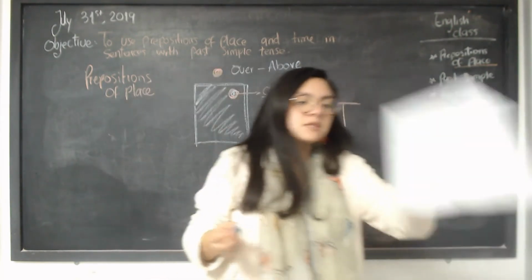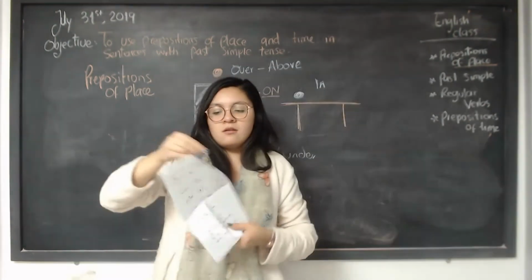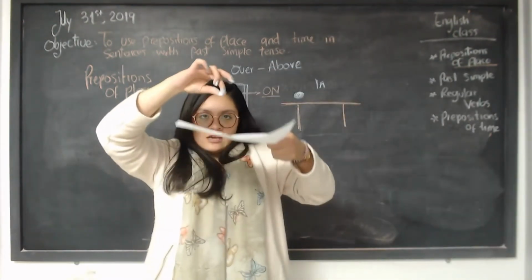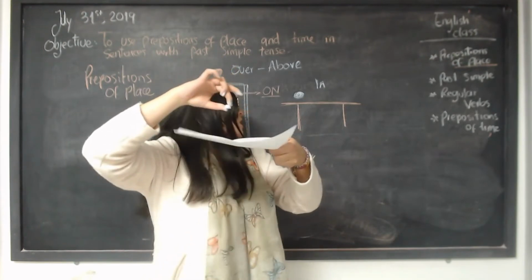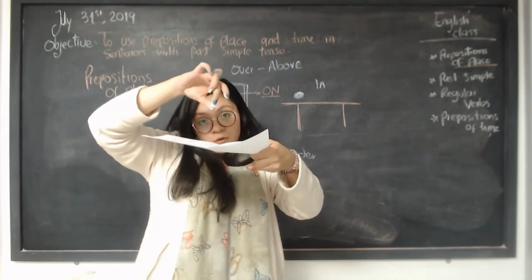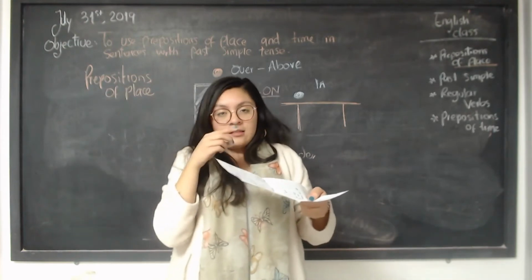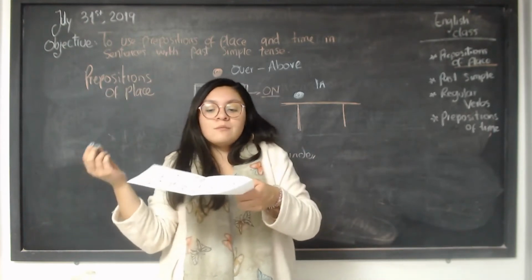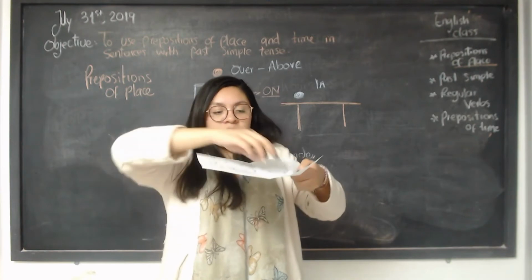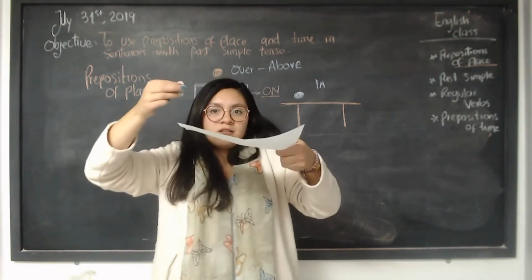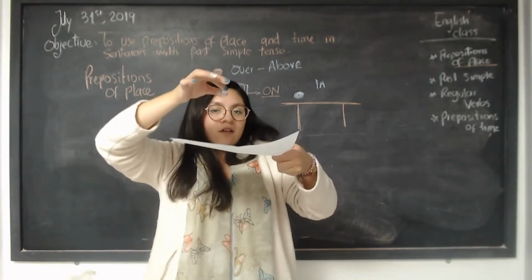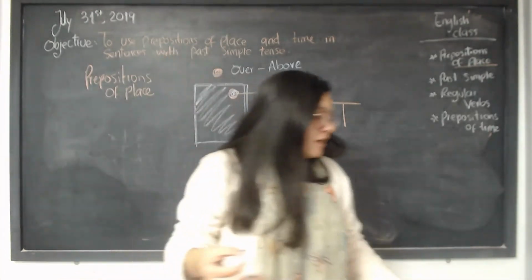So imagine again, the paper and my charcoal is above or over the paper sheet. Está arriba o encima de, okay? It doesn't have to be touching the surface. No necesariamente tiene que estar tocando la superficie, solamente está arriba o encima de algo, okay?